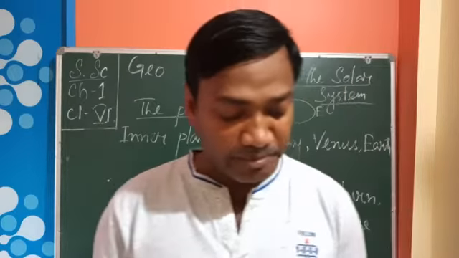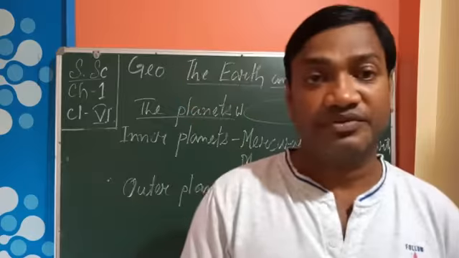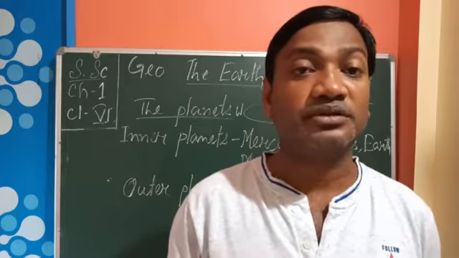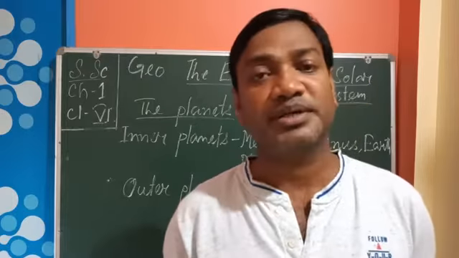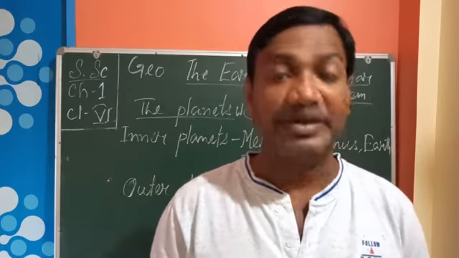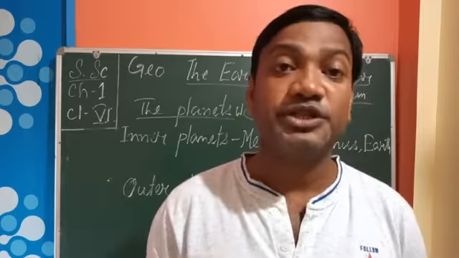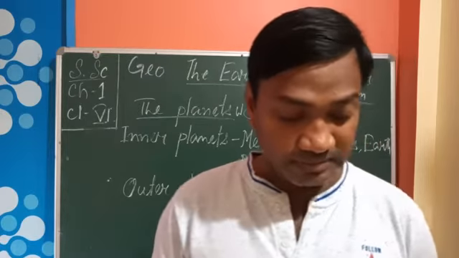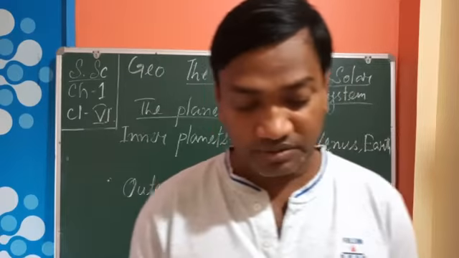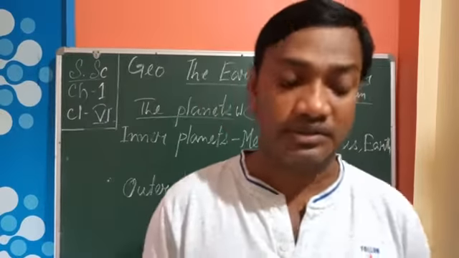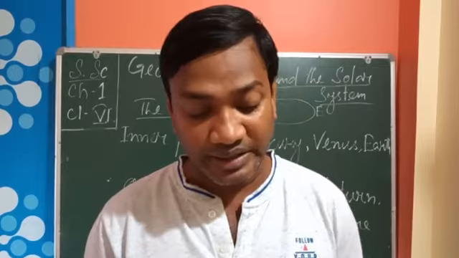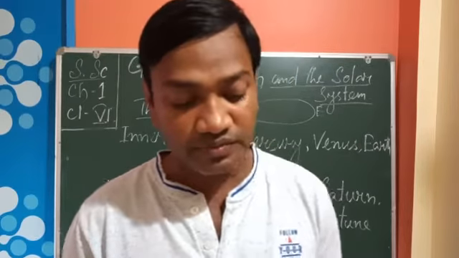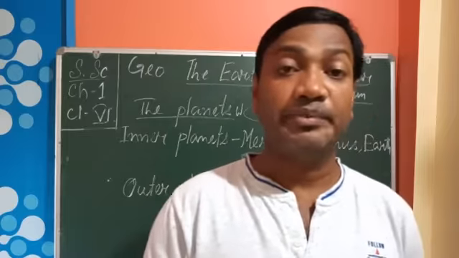A favorable temperature for the existence of life. So here we find the favorable temperature, not that much heat, not that much cold. Then the range of temperature on the surface of the earth wherein water can remain in its three forms: ice, water and vapor.